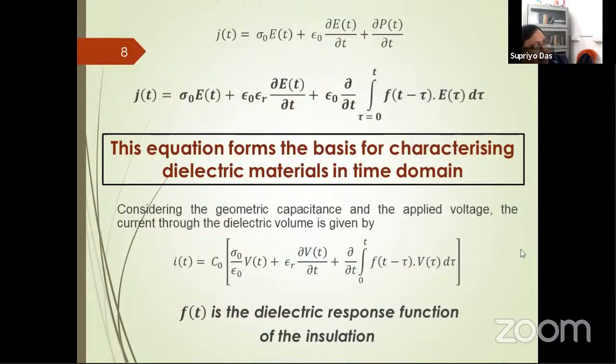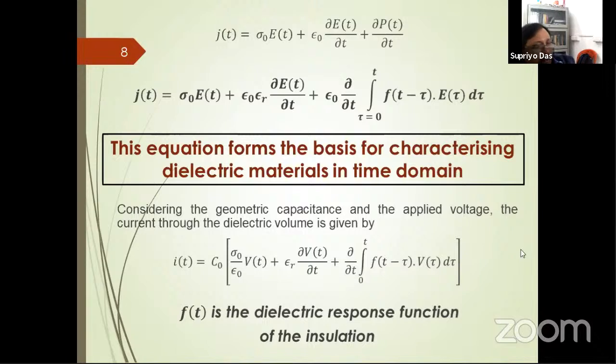Whatever methods we will talk about in the time domain, all these methods are related to this basic equation. Now, current density is difficult to measure; rather, we can easily measure current.